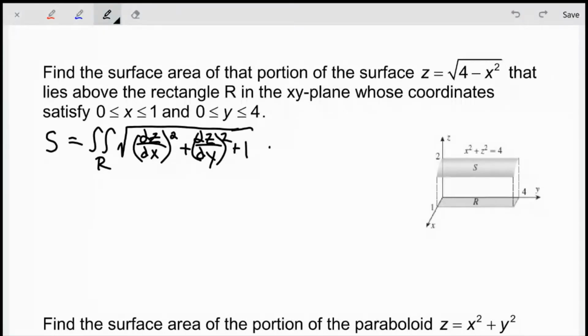And then we're just going to call this for now the differential dA. And now we're going to convert this into a double integral. Okay, so remember, you can look at this equation. It's pretty easy to see that del z del y is going to be 0, but there is a little bit of setup here that we have to do, because we have to know what del z del x is.